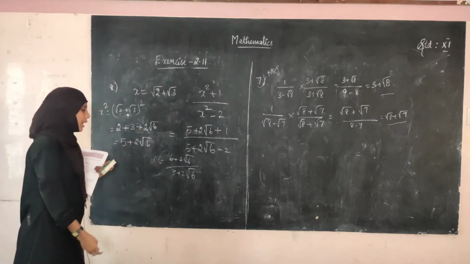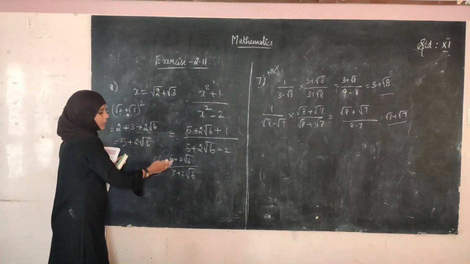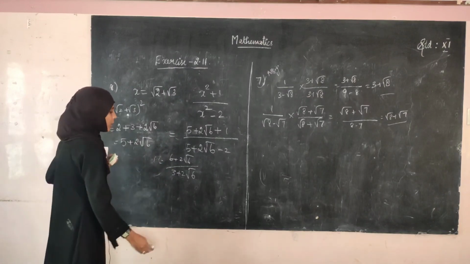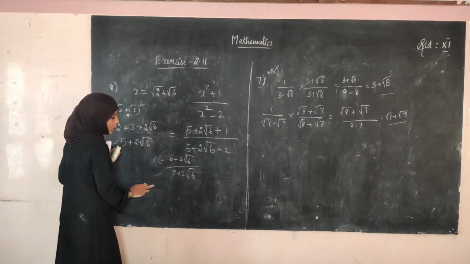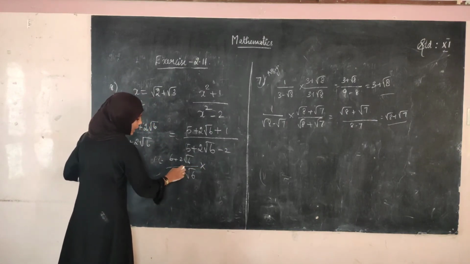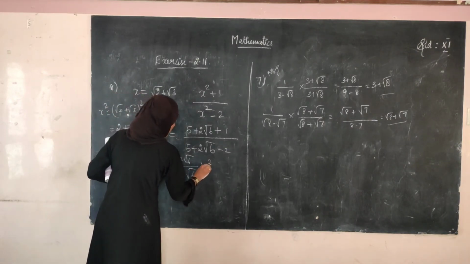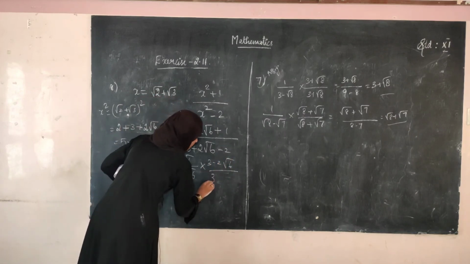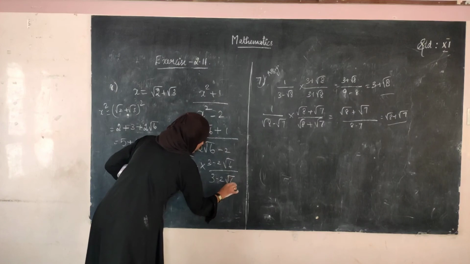See here, we can't leave it like this because in both we have an irrational number. For changing this, we have to multiply both numerator and denominator with the conjugate of this element. The conjugate is 3 minus 2 into root 6, so 3 minus 2 root 6 divided by 3 minus 2 root 6.